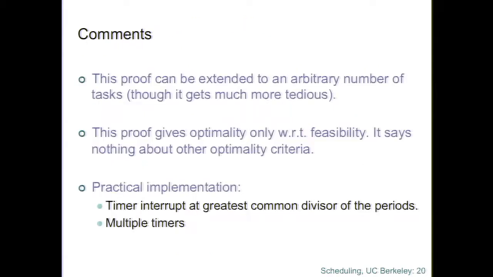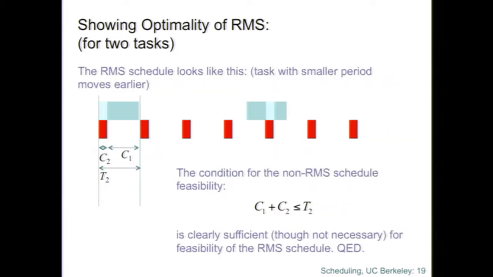So how to show that? In this case, it's really pretty obvious that the rate monotonic schedule is feasible, right? This is the rate monotonic schedule, and if we just sum up these two tasks, we realize, oh yeah, this is also going to meet the feasibility consideration.